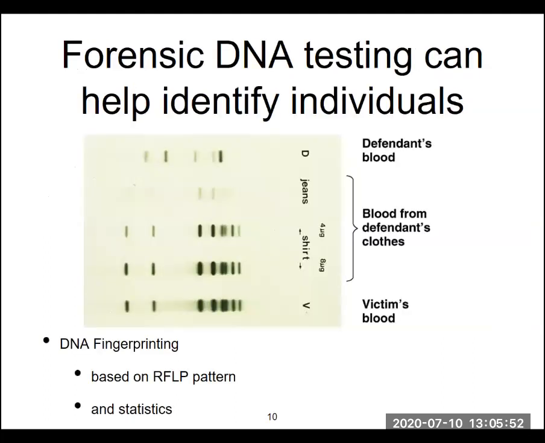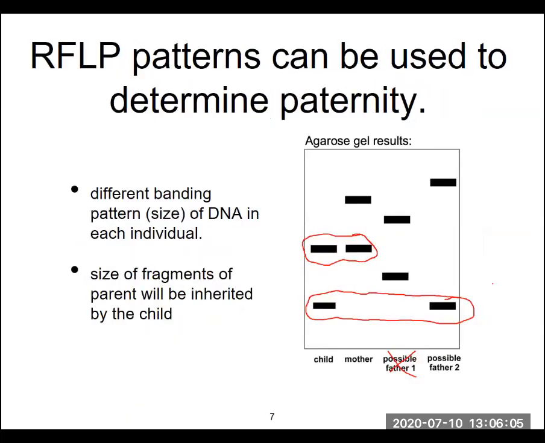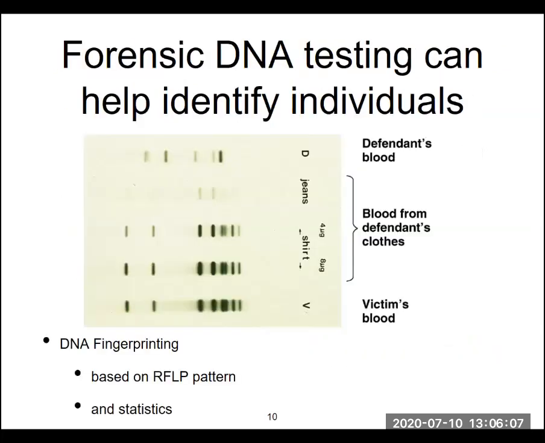We can also use this in forensic DNA testing. We can see this on CSI movies, things like that, where instead of looking at a paternity pattern, we're looking at the same thing. We've got the defendant's blood, we've got blood from the defendant's clothing that he was wearing when the police found him.